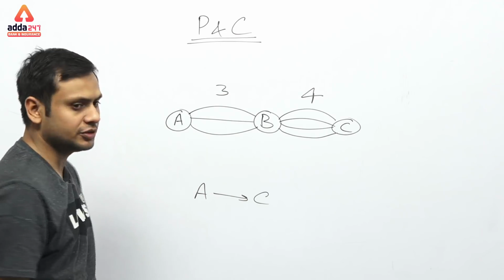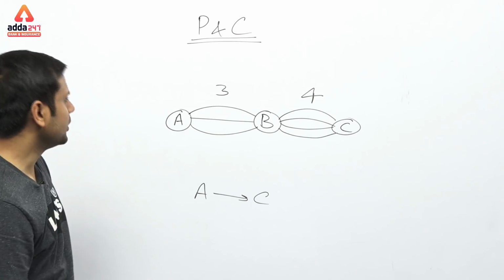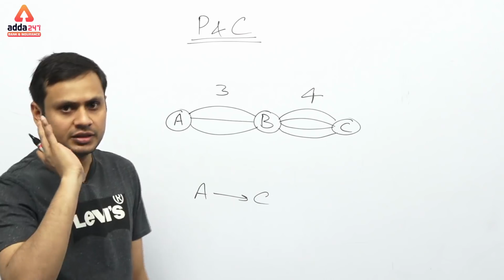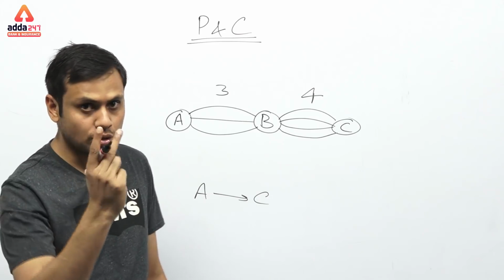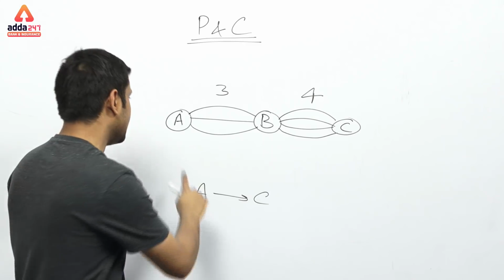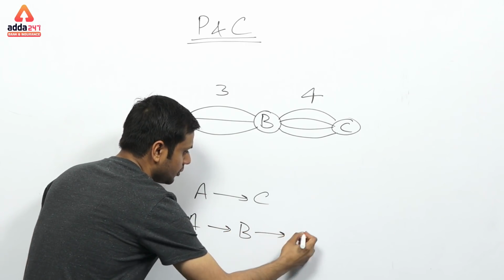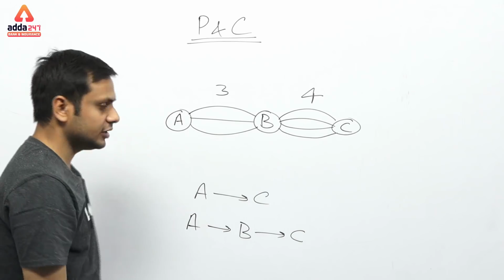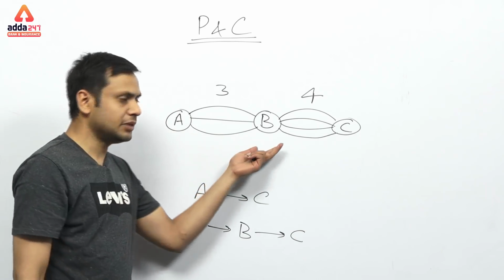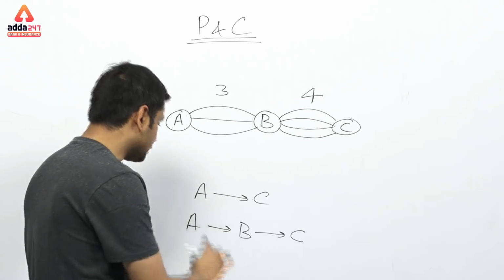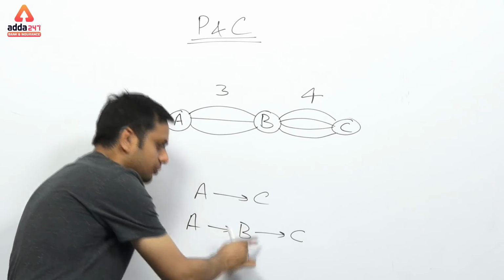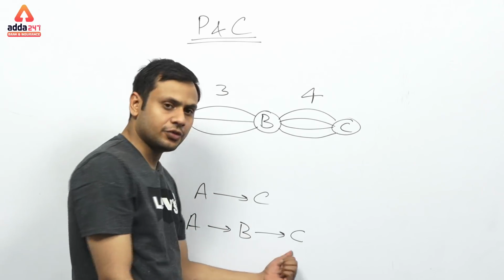Again, if you think about this thing, just look at it this way. Can I say, basically this can be done in 2 steps or 2 tasks. Task 1 is traveling from A to B, and task 2 is traveling from B to C. So can I say this can be divided into 2 tasks. One is task 1, that is traveling from A to B, and task 2 traveling from B to C.